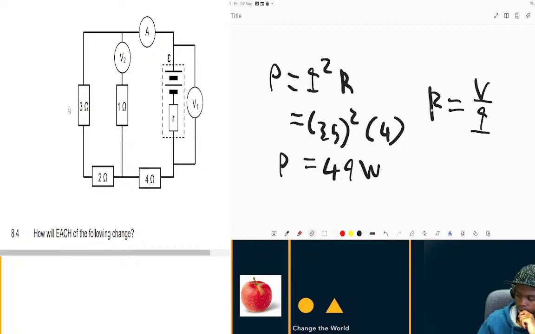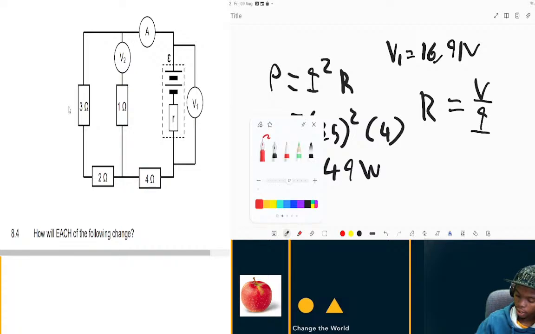Okay, let's look at what I'm trying to say. We use this formula, right? So look at what happens if our total external resistance of the circuit increases, because remember our external voltage that we found in V1 was 16,91, I think, volts.